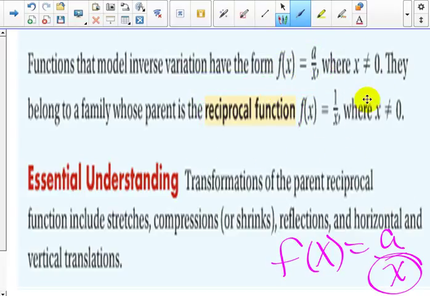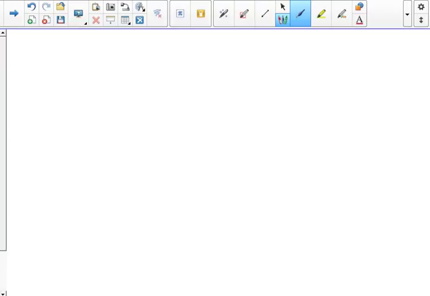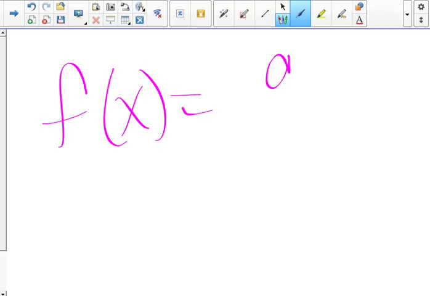f of x equals a over x. X cannot equal 0. They belong to a family whose parent is the reciprocal function. F of x equals 1 over x, where x cannot equal 0. So they're saying this f of x equals a over x. So we can say that a might be equal to 5.